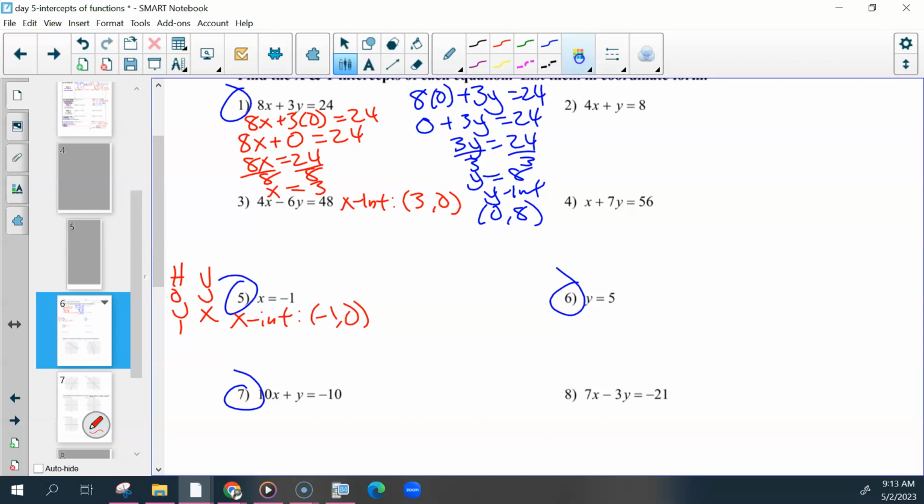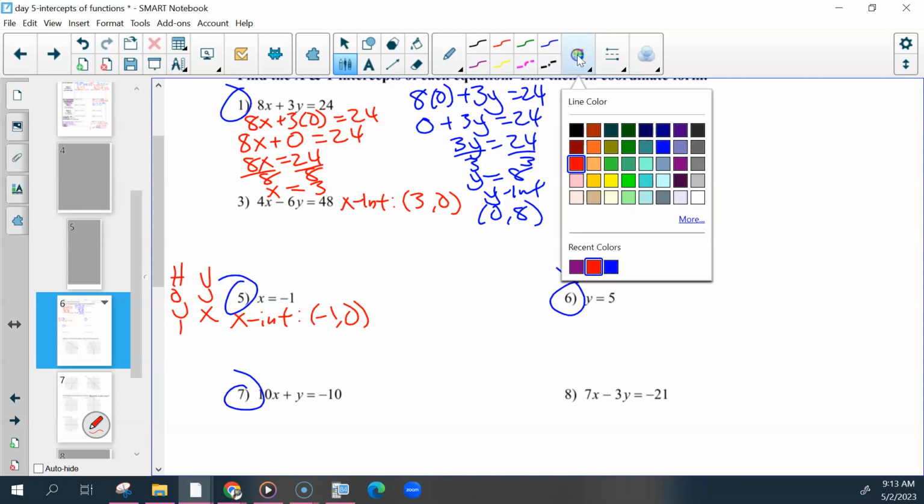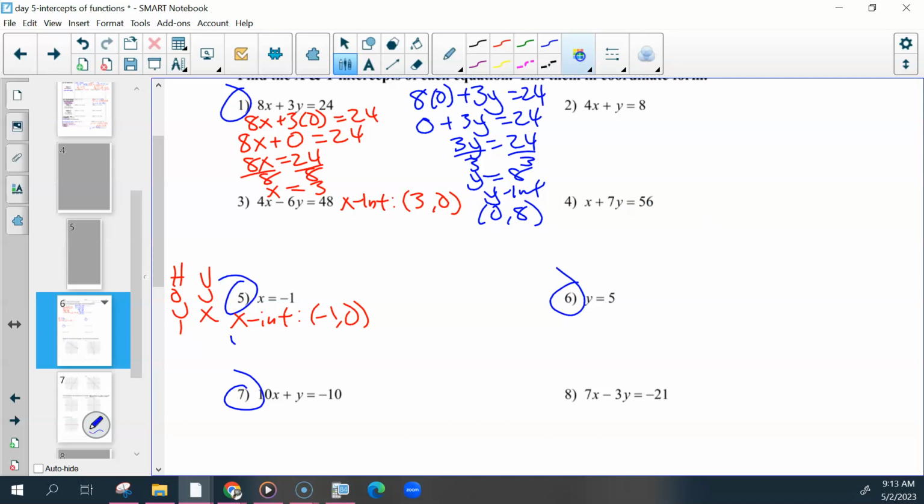It's never going to go through the y-axis, so there is no y-intercept. So you put none, NA, doesn't exist. You can't put 0 though, because that would mean there's an intercept at 0.